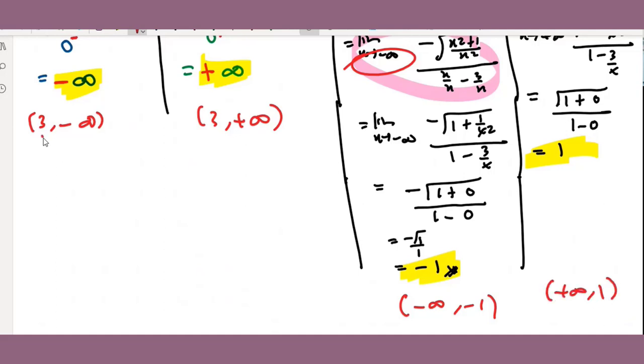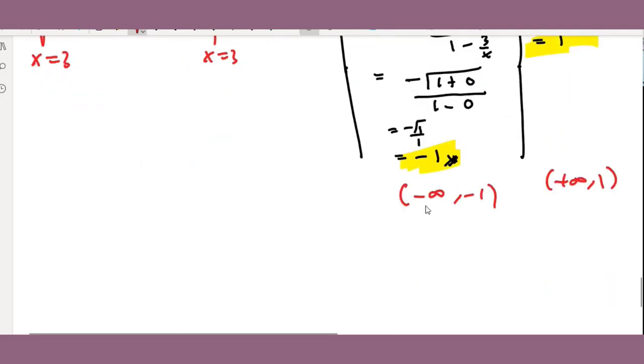So now here is the value for x. When you get one value with an infinity sign, this is considered a vertical asymptote. This one is x, this one is y. So y is equal to negative 1. This one is y equal to 1.